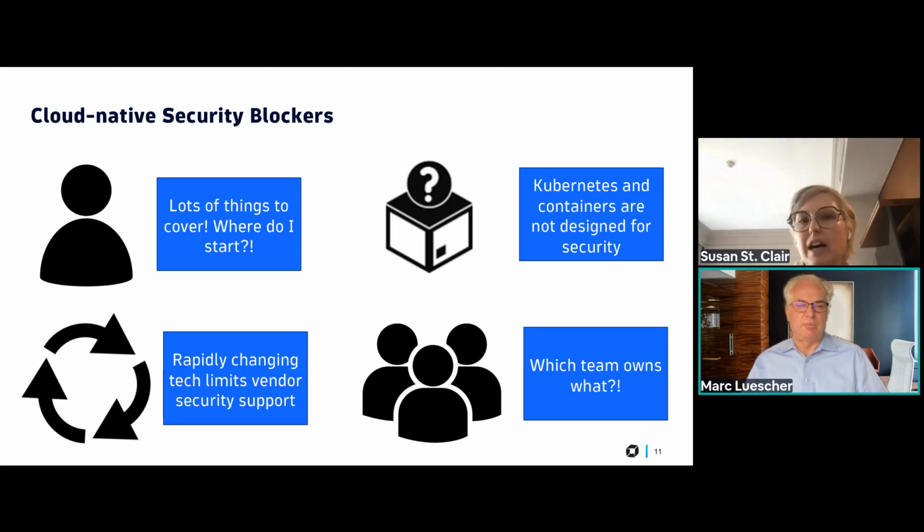The other thing that I hear a lot, even internally here at Dynatrace, is that a lot of these enablers that we use as part of a cloud native application were not really designed for security in the first place.